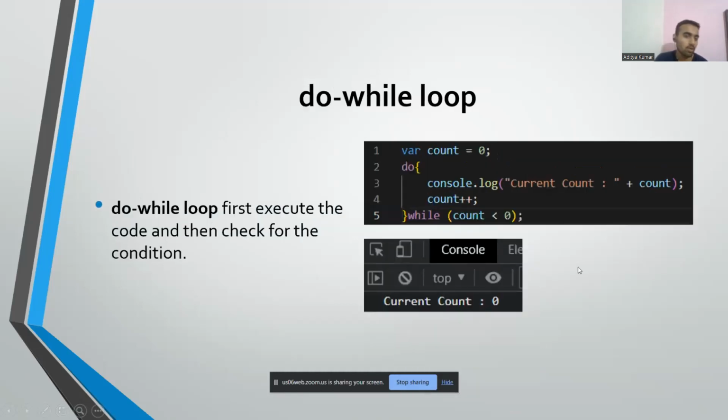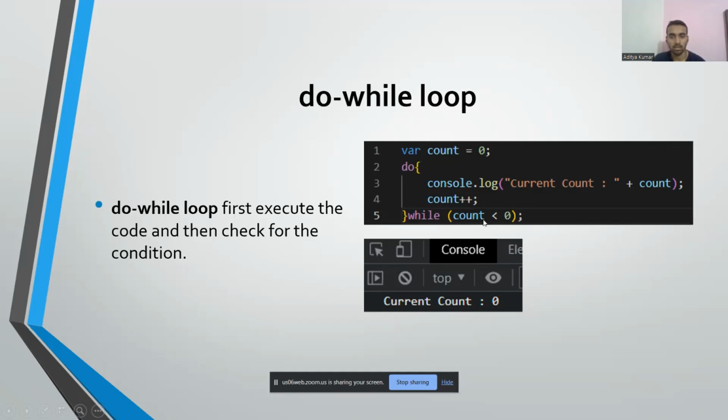Let's look at the do while loop. It's similar to the while loop, but it first executes the code and then checks for the condition. Here we have an example. There's a variable count 0. So we first execute the code and then check for the condition. Here we have console logged the count and incremented it.